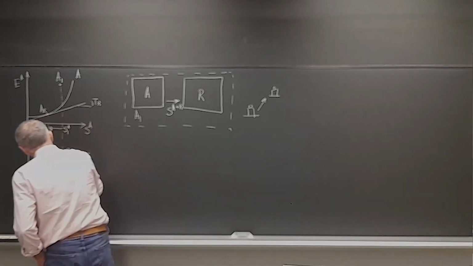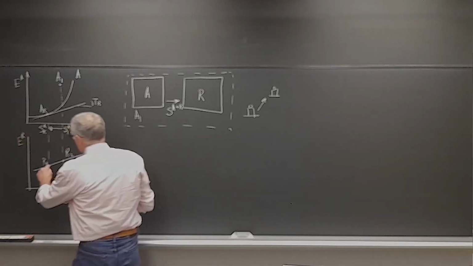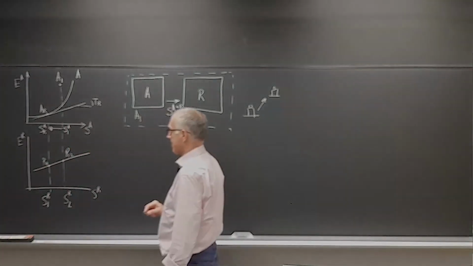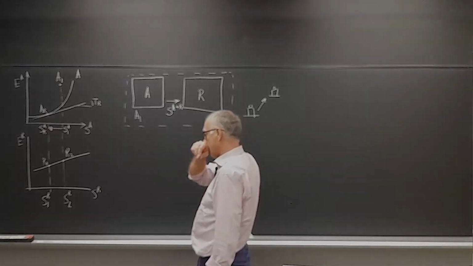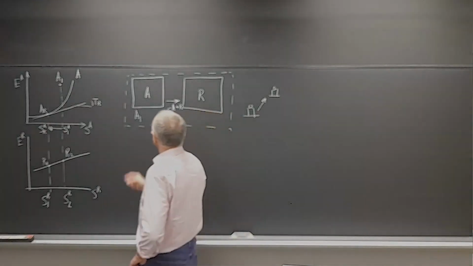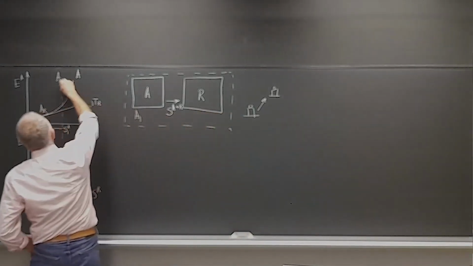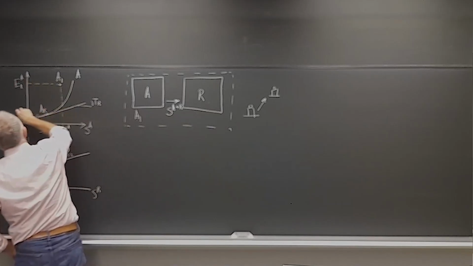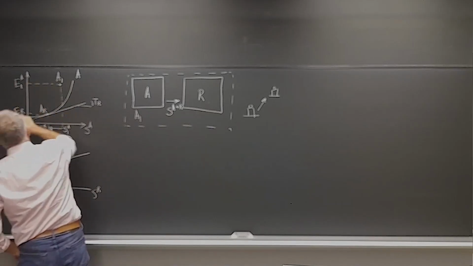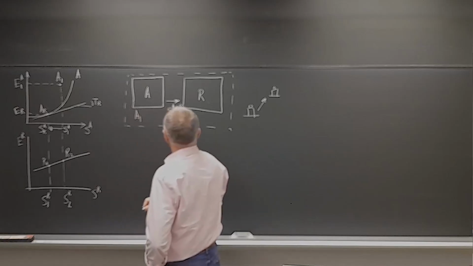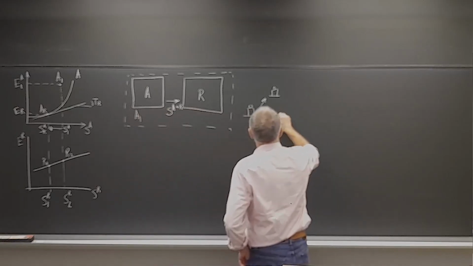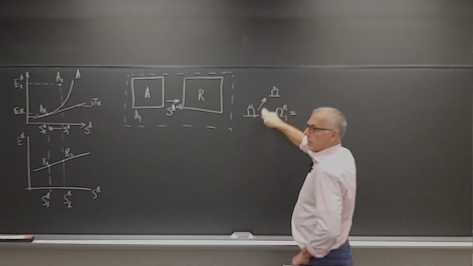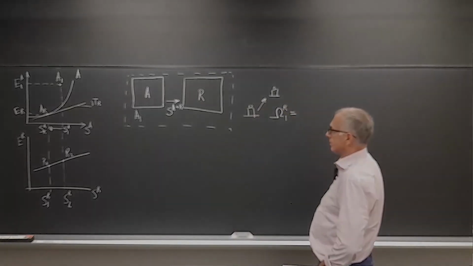Now, you would like to give just entropy to the reservoir. Because look, so far, suppose you consider here, this is the initial energy of A, and this is the final energy of A. And we call omega 1R the energy that we transfer to the weight.